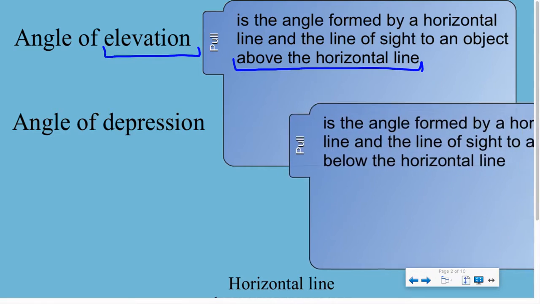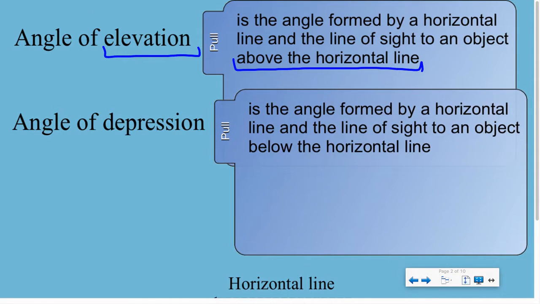Angle of depression is the angle formed by a horizontal line and the line of sight to an object below the horizontal line. Your angle of depression will always be located below the horizontal line. It's sad, right? It's below the line. Elevation, I think up, so you're above.